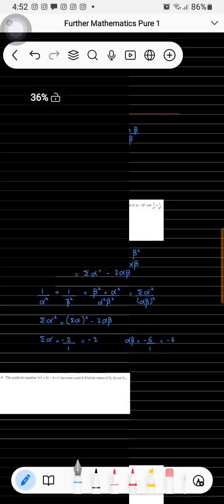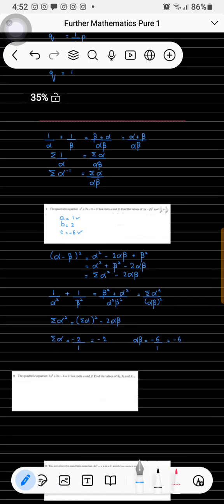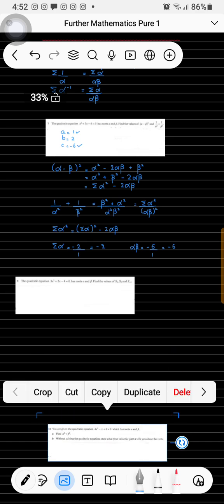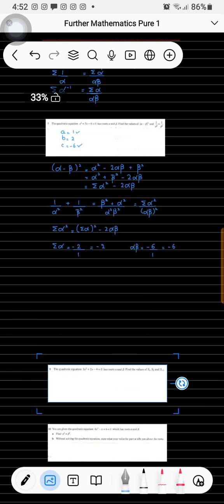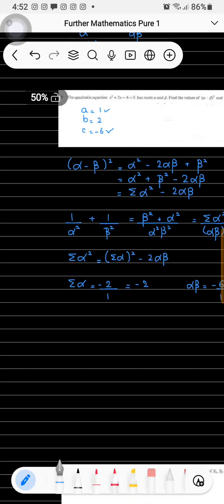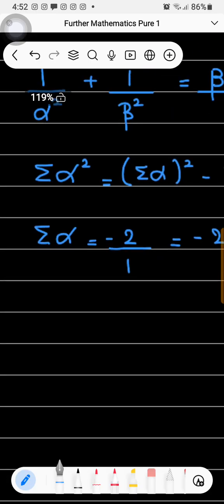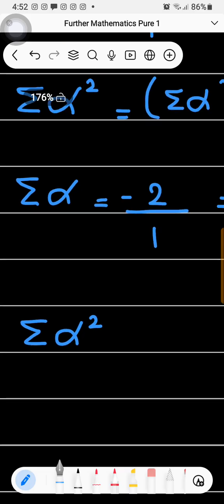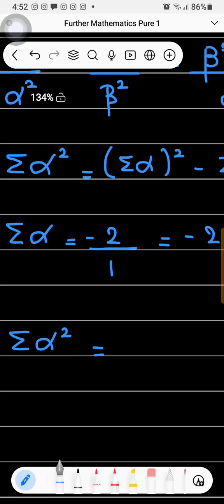But we have to find sum of alpha square to give the answer the question requires. So sum of alpha square we are going to find out here. It is equal to, what was sum of alpha?